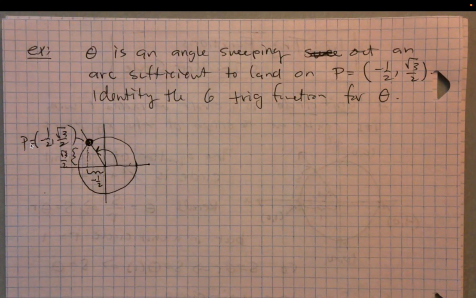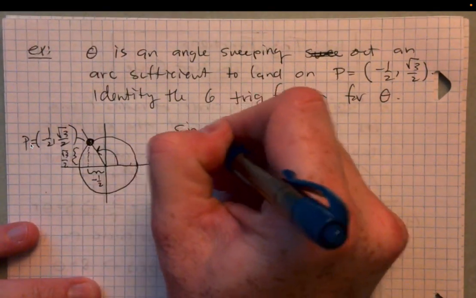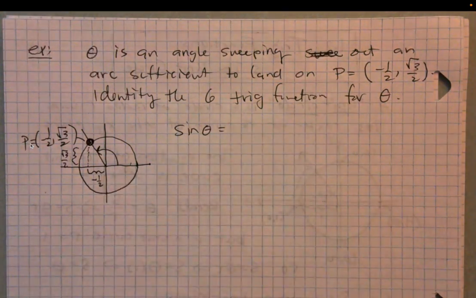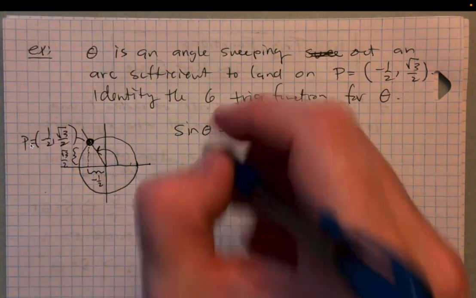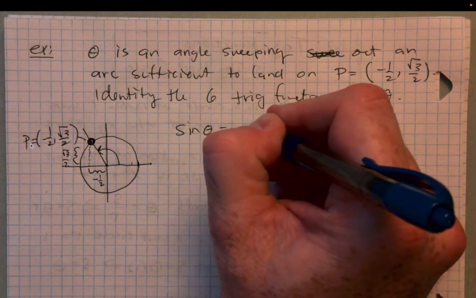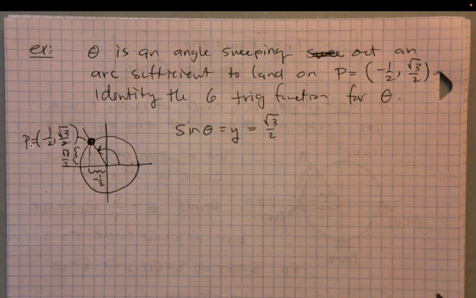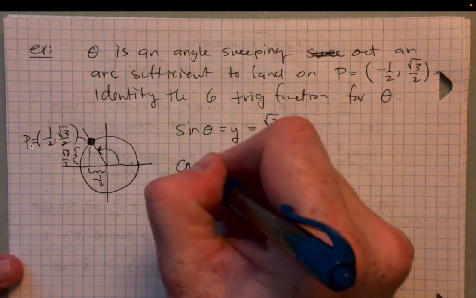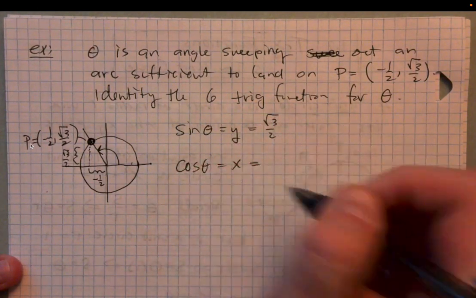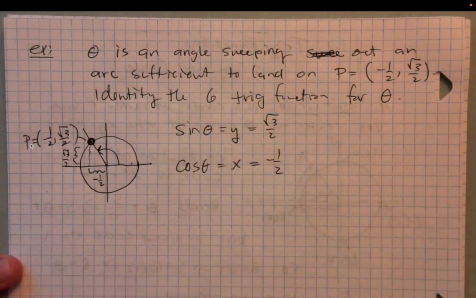Okay, so we just want to know what are the values of the 6 trigonometric functions. So we can kind of go through this. The sine of theta is equal to y, which is equal to the square root of 3 over 2 in this case. The cosine of theta is equal to x, which is equal to -1/2.